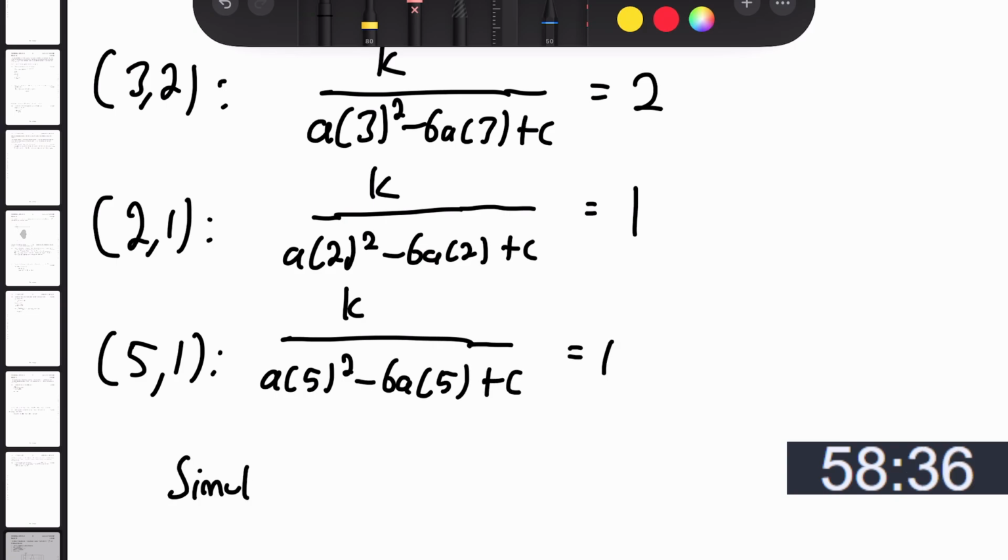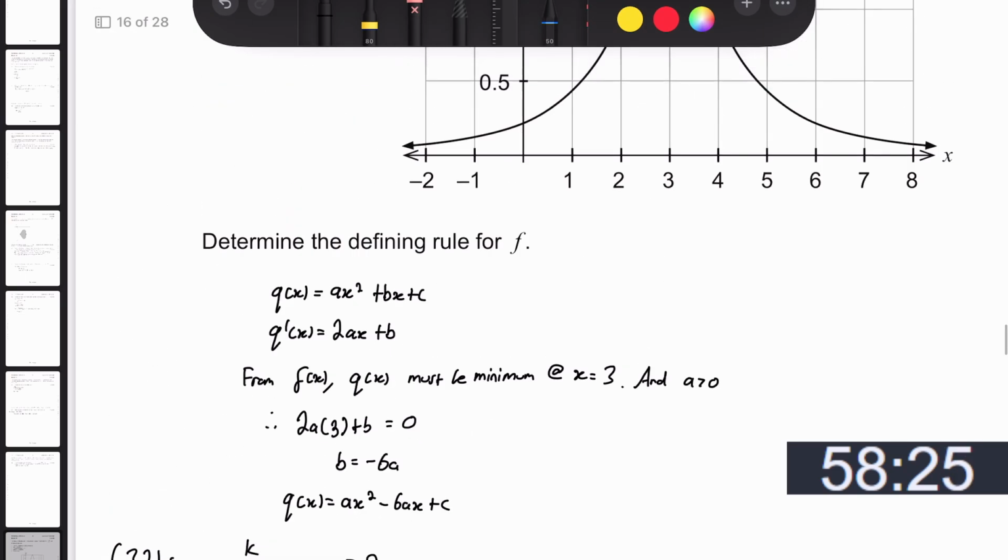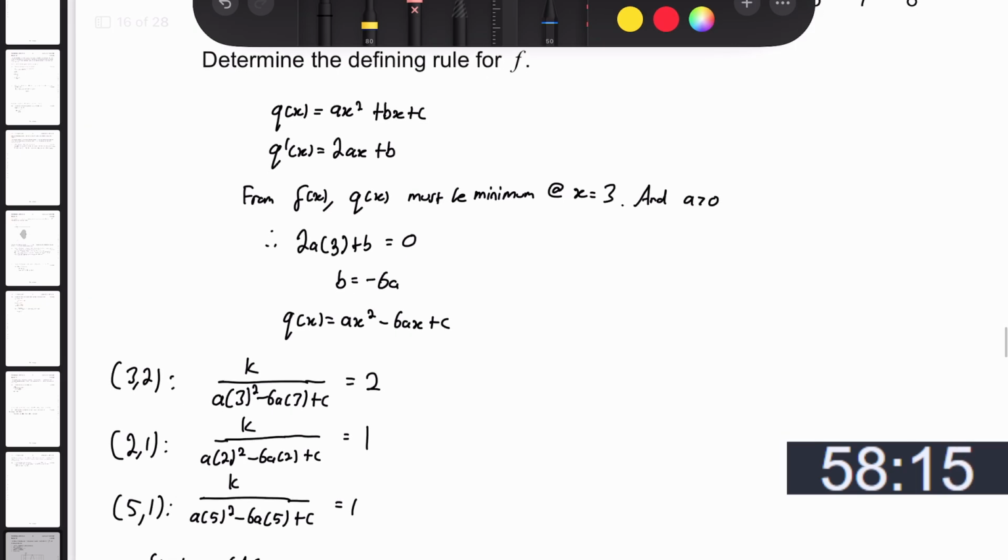So then simultaneously on CAS, so let's say x, let's say y, x times 3 squared minus 6x times 3 plus z equals 2. I'll just copy this bit over, this for 2, equals 1.